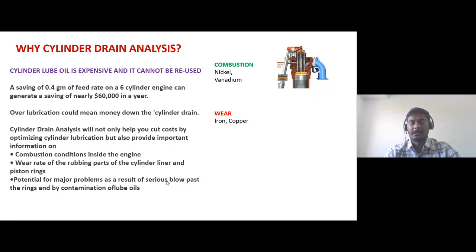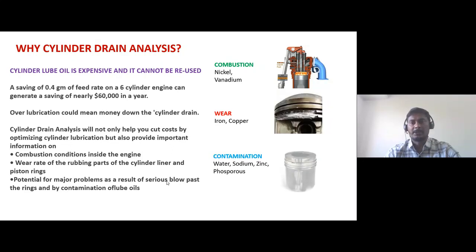If iron and copper increase in our report, you can understand there is a problem with the liners and rings, and some wear is going on. For contamination, if water, sodium, zinc and phosphorus increase, there is mixing with system oil.